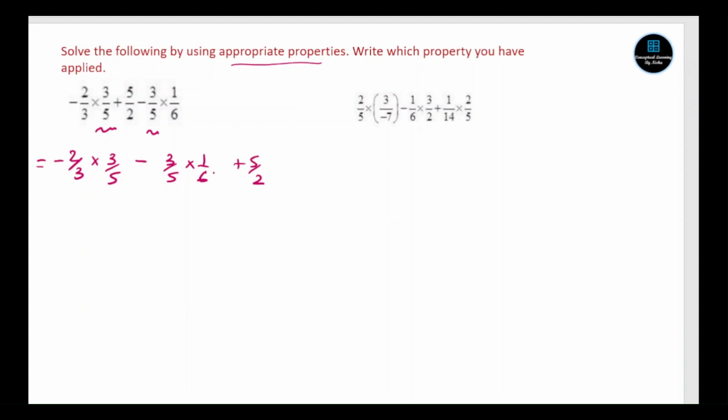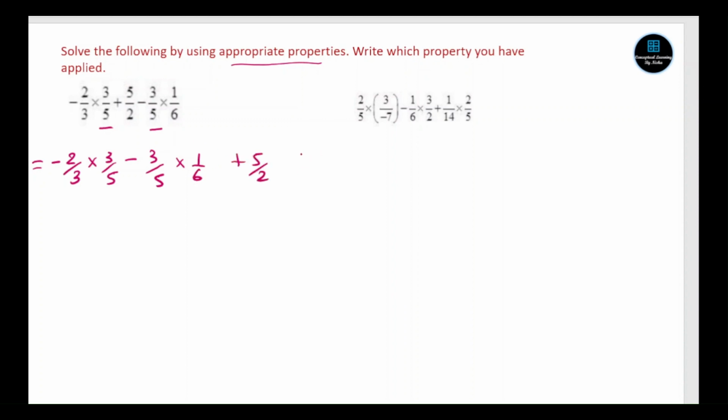Once you are comfortable, you can do this mentally. If we observe the numbers, 3/5 and 3/5 is common here, right? So I'll write them together first: negative 2/3 times 3/5, negative 3/5 times 1/6, and then 5/2.